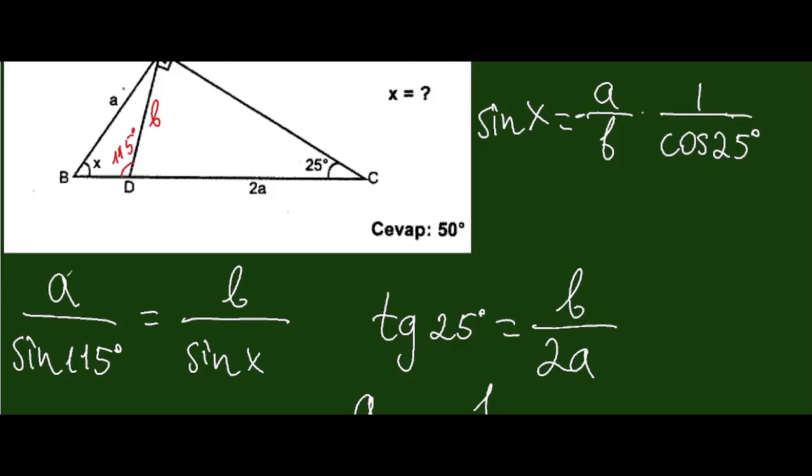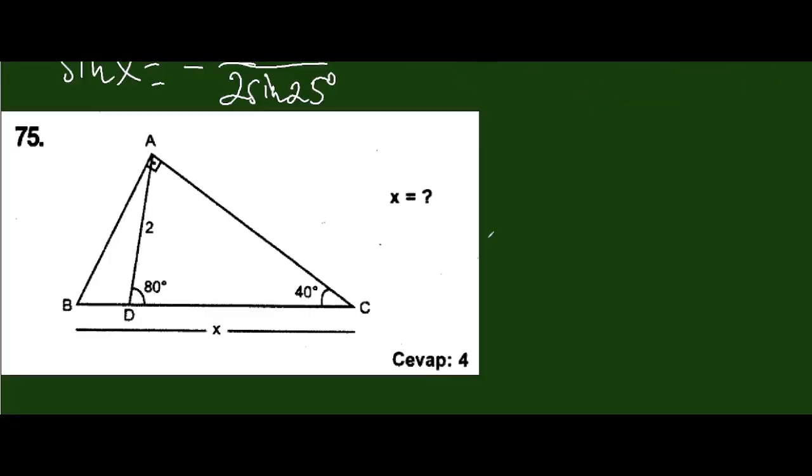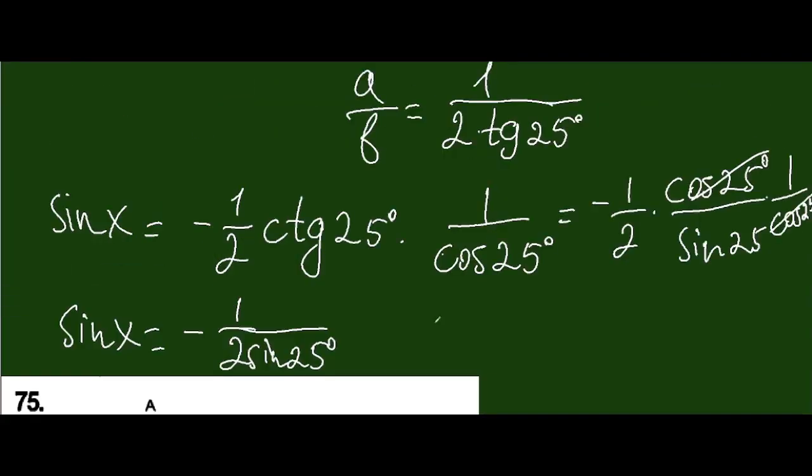a over sine 115 degrees and b over sine x. Sine x here will be equal to... I was mistaken a little bit. Sorry for that.